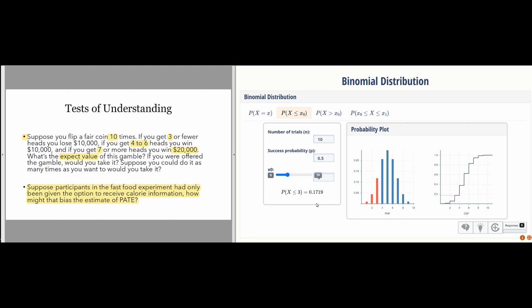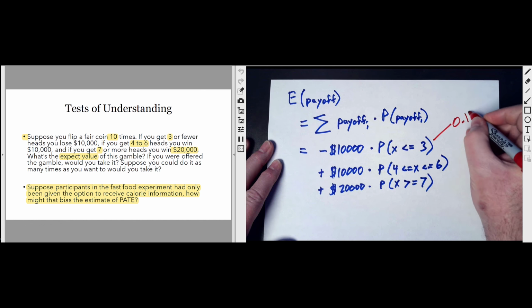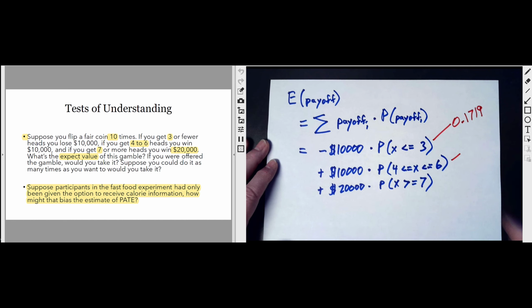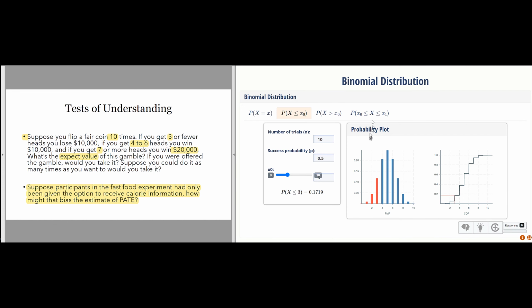Okay, and we are told that that probability is 0.1719. Then we have the probability that X is between 4 and 6. So let us choose this widget instead. 10 trials, probability of a head is 0.5.